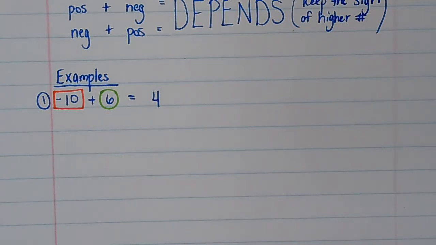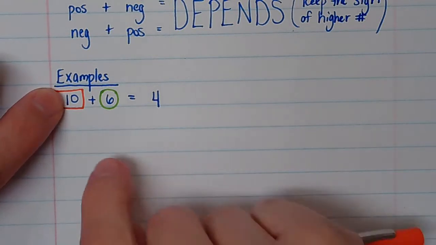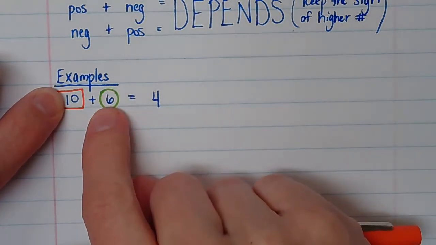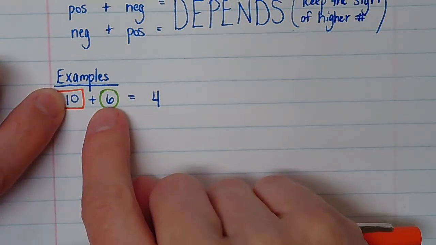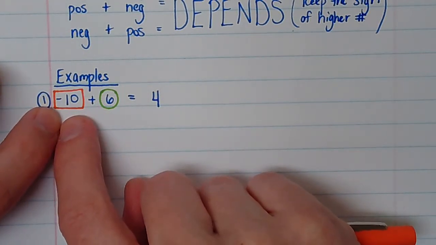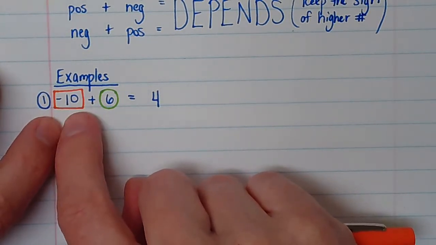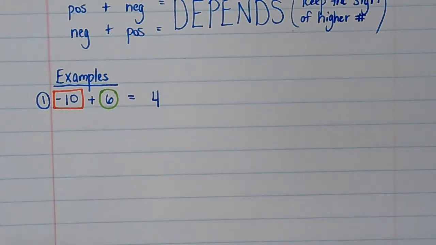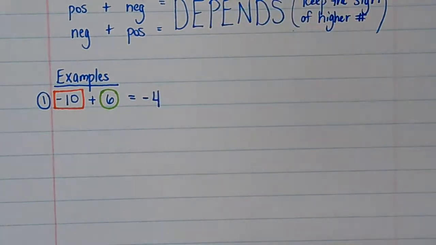Once again, we're not looking at positives and negatives, we're just looking at the numbers. If I'm looking at 10 and 6, which one of those is bigger? Well, 10 is bigger. Now I want to look at the sign. Since 10 is bigger, that's negative, so my answer has to be negative. Okay, like I said, that's going to be the part that gives people the most trouble, so let's keep practicing.